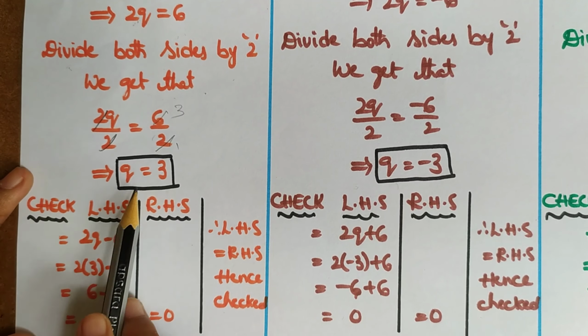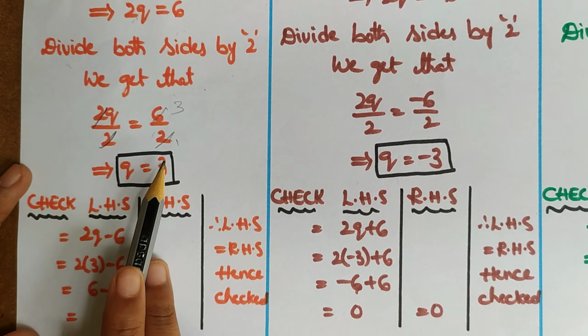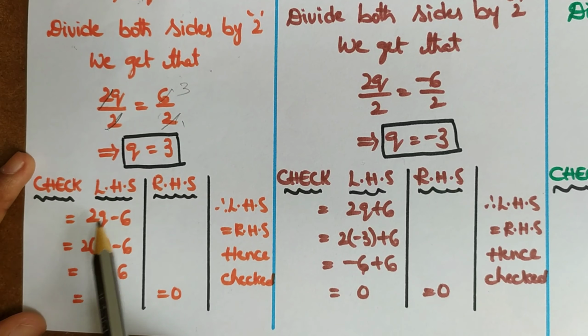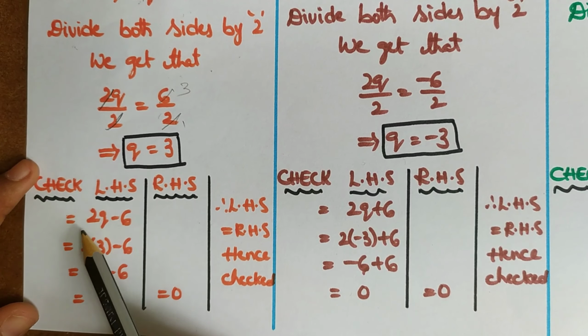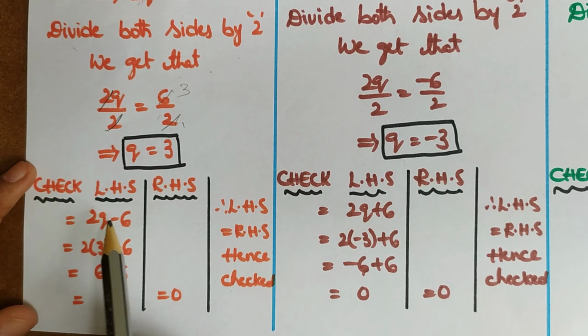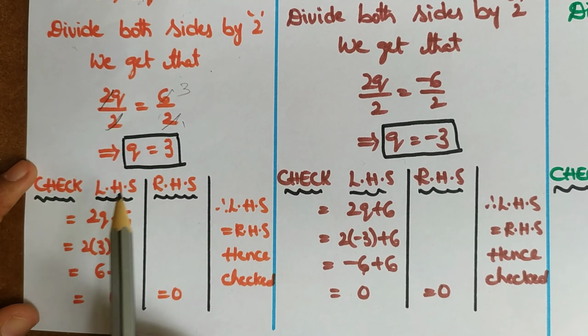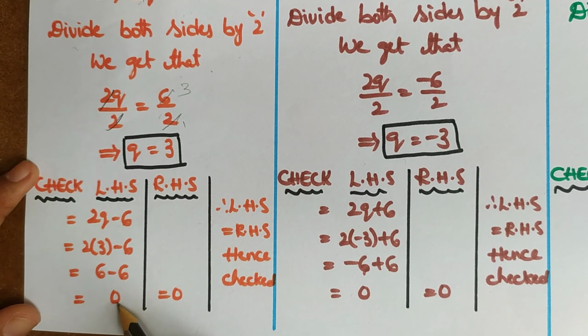Check. Let us check whether q is equal to 3 is a solution for this equation or not. LHS is 2q minus 6, RHS is 0. LHS is 2 into q minus 6, and 2 into q is 2 into 3, so 2 into 3 minus 6. 2 into 3 is 6, minus 6, is 0.